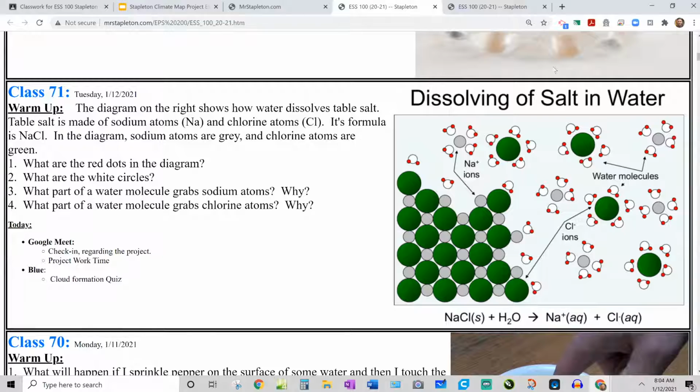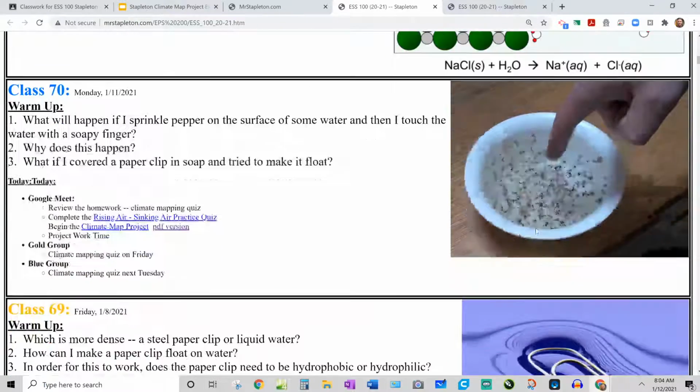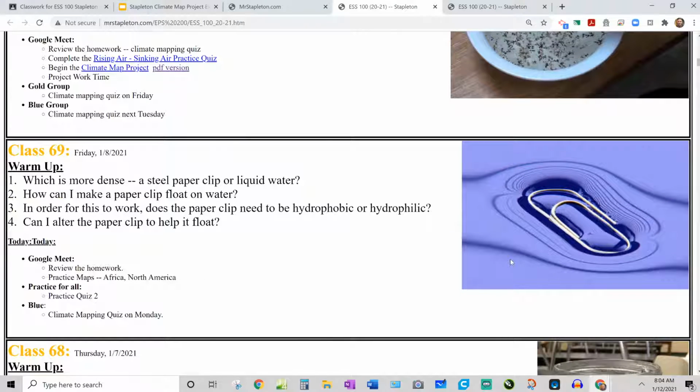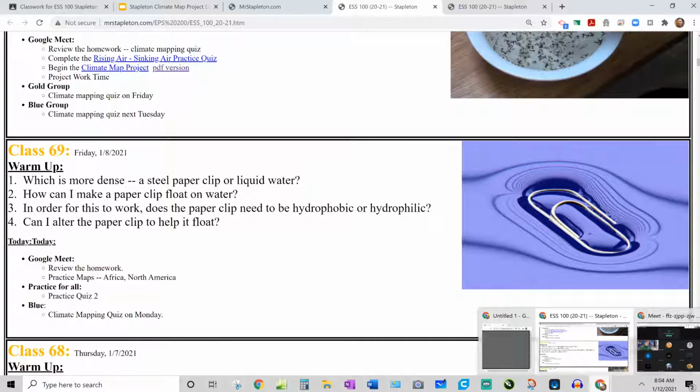But there are also these properties of water I've been talking about, with surface tension and density. When water freezes, it expands, and then when it melts, it contracts, and that not only breaks up our roads, but it also breaks up the rocks around the earth.